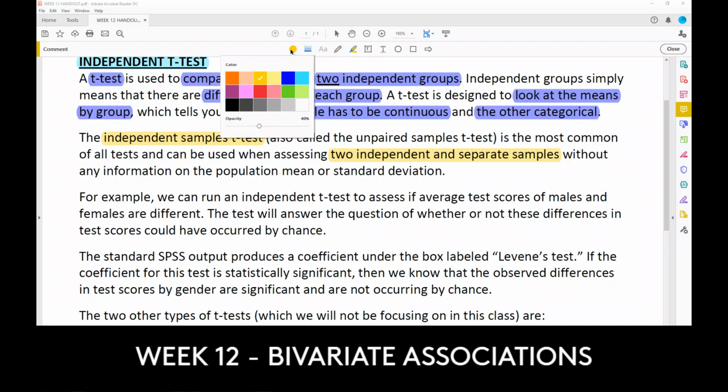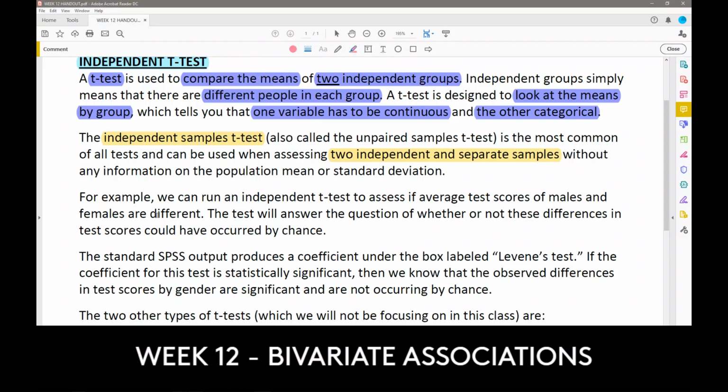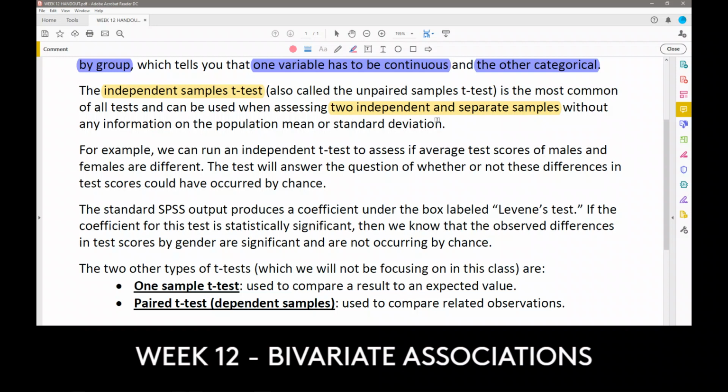Here's an example. We can run an independent t-test if we want to look at the average test score. And by test score, think about the LSAT or the GRE or the SAT. So we want to assess the average test score of males and females, and we want to see if those average test scores are different.